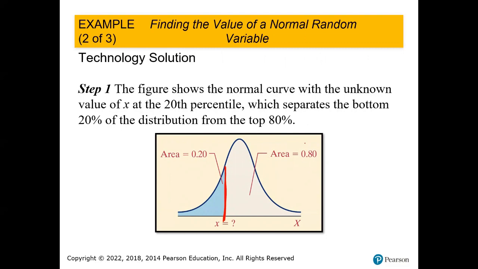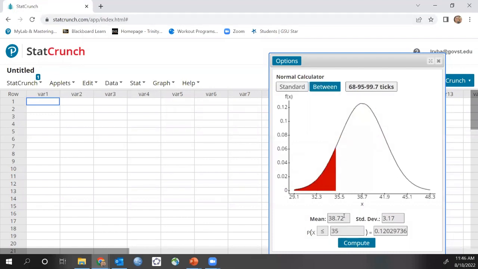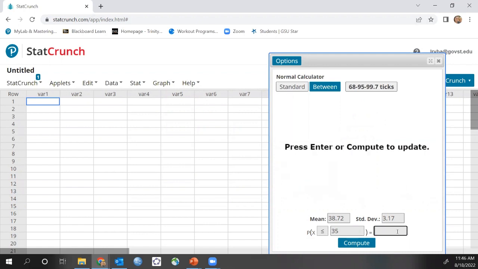This shows generally what we're looking for here. We're looking for the X that gives me that area to the left of 0.20. So the way we do that in StatCrunch, get my calculator back up here. I'm going to go back to standard. Okay, so I still have my mean and my standard deviation. This time what I'm going to do is I'm going to enter my value here.